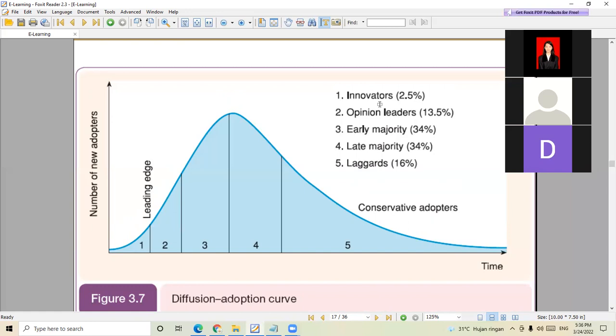We can learn from the mistakes of the innovators and opinion leaders, and we are not too late to adopt the technologies as the last two groups here, the late majority and laggards. Anyway, each person has their own choice, and people have different reasons why they choose one or another.